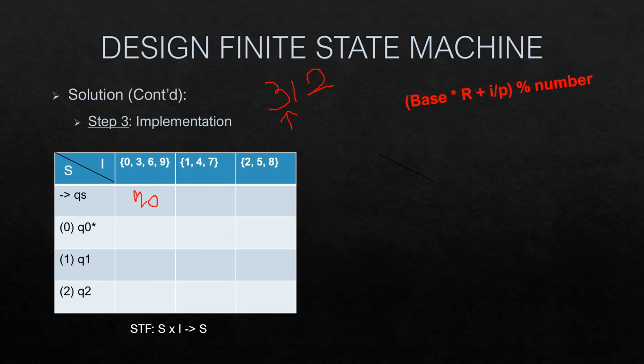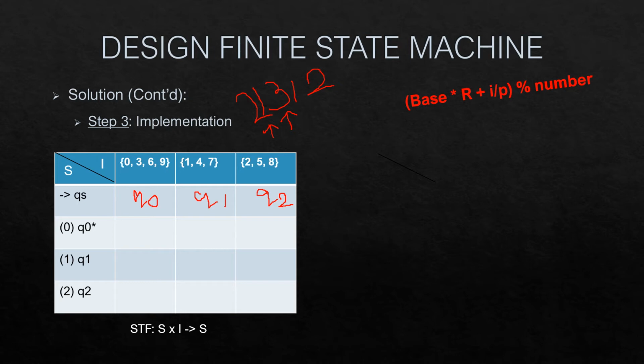Next, if the first digit is 1, then I have to transit to Q1 state, because when I divide 1 by 3, I get remainder 1. Suppose my number begins with 2. Then when I divide 2 by 3, I get remainder 2. So I have to transit to Q2 state.